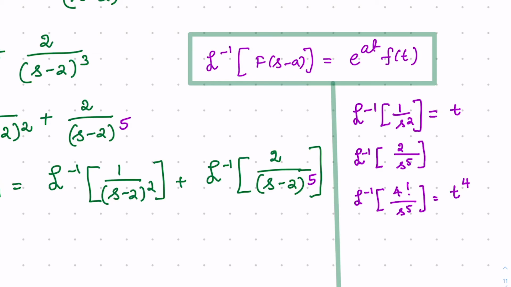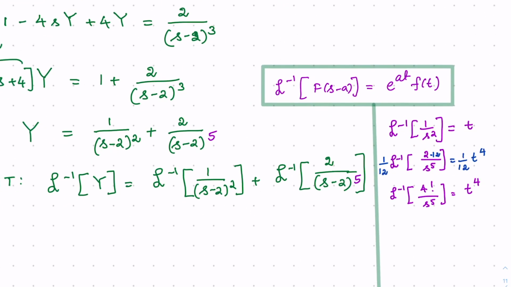But I don't have a 4 factorial. All I have is 2. How much is 4 factorial? 4 factorial is 4 times 3 times 2 times 1, which is 24. So I need a 24 over here. To get the 24, I'm going to multiply by 12 and divide by 12. When I do that, this is going to become 1 over 12 times t to the 4.